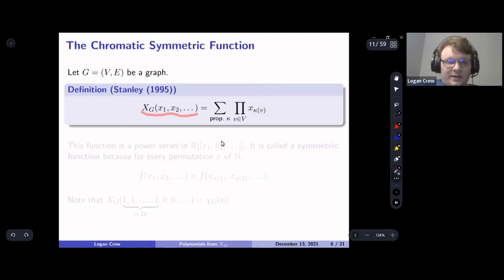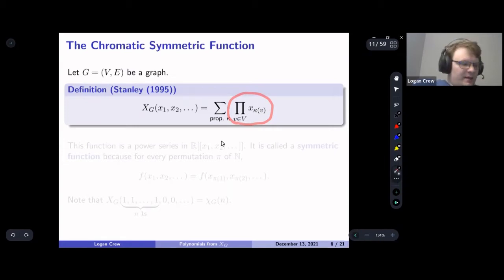And it's going to actually be countably many variables, x1, x2, up through infinity, one for every positive integer. We're still going to be summing over all proper colorings, but instead of counting each proper coloring once and sorting it by how many colors it uses, we're going to give it this monomial, the product over all of the vertices in the graph of x sub the color it gets.